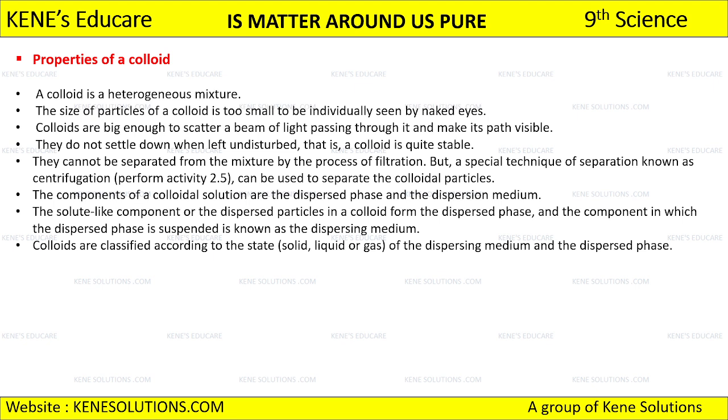Then further, colloids are classified according to the state, like we have three different states: solid, liquid and gas. So we can classify the colloids according to the state of the dispersing medium and the dispersed phase.